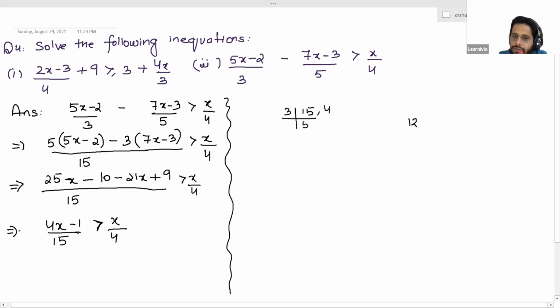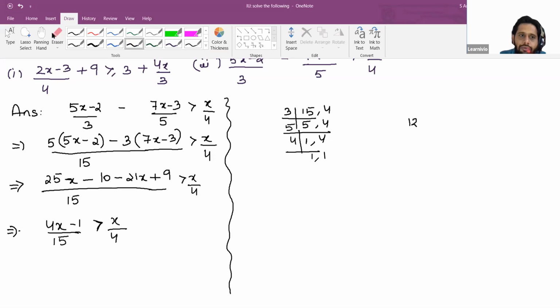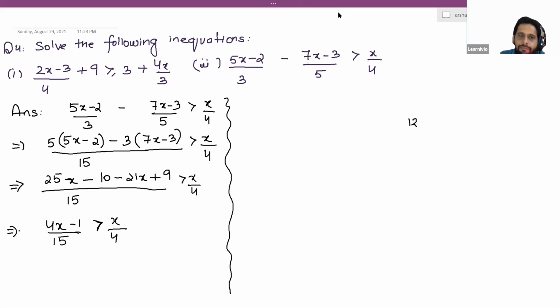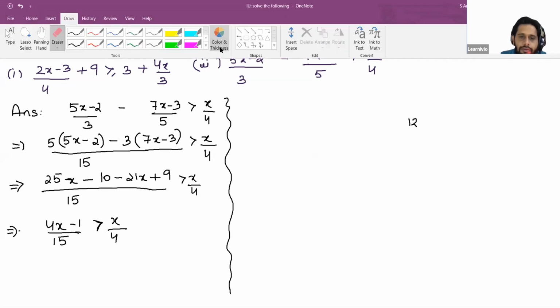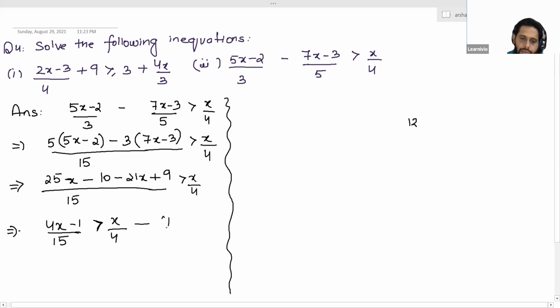So this is 3, 15 and 4. This is 5, 1 and 4. And this is 4. So this is 4, 5, 3, 60. So the LCM of 15 and 4 is 60. So just multiply both the sides with 60. Let this be 1.